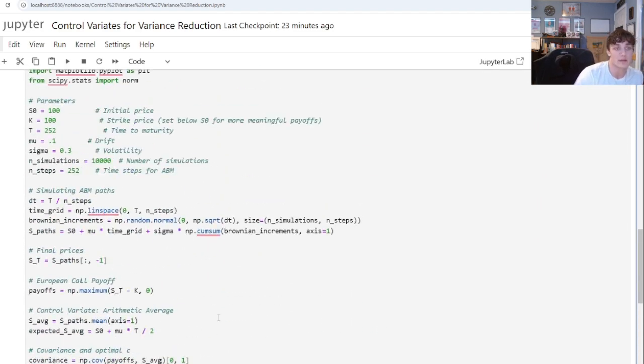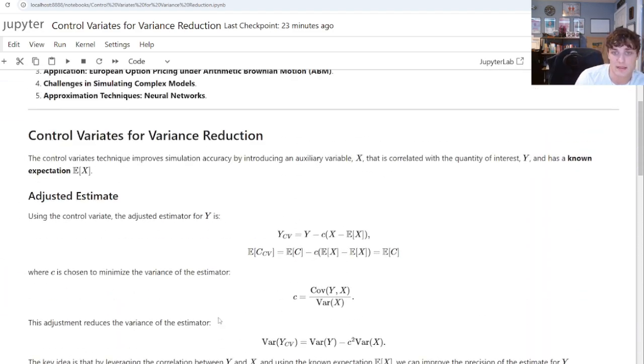If we go back up to this equation here, we can see that C_CV, that value, is the target quantity of interest less the information added by our auxiliary variable. So CV is not the value of the payoff itself. It is our control variate. And we know that if we take the expectation of our control variate, then we get the expectation of the estimated target quantity.